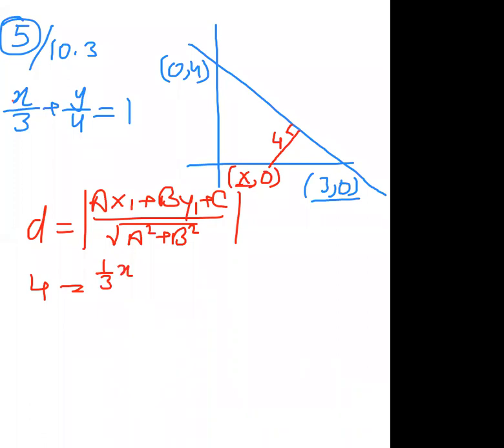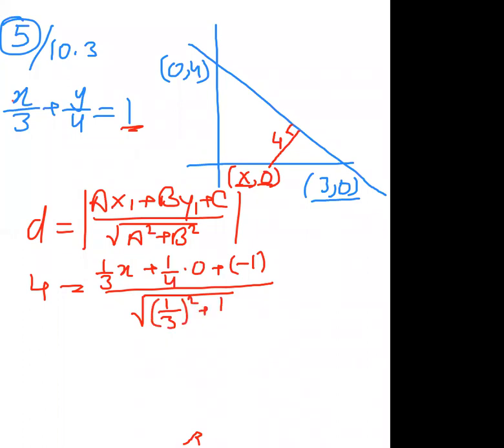Plus b is the coefficient of y, that is 1 upon 4. y1 is 0. Plus c, that is minus 1, upon square root of 1 upon 3 whole square plus 1 upon 4 whole square, mod.